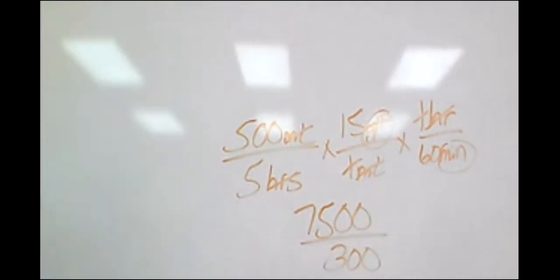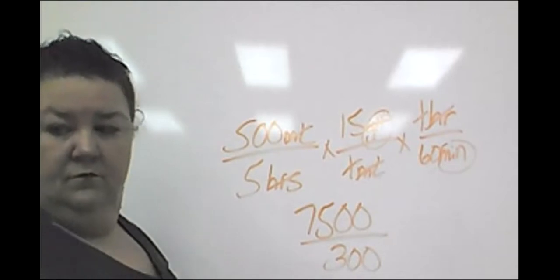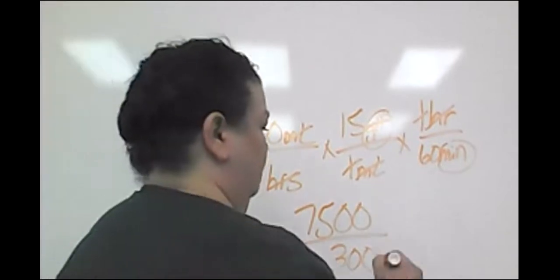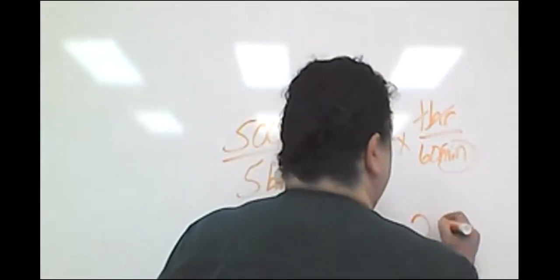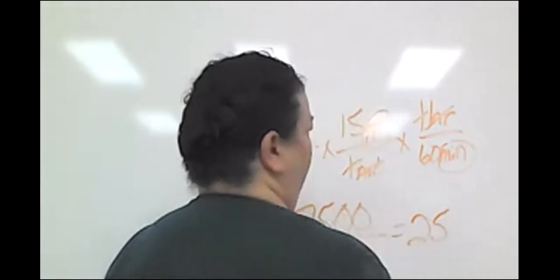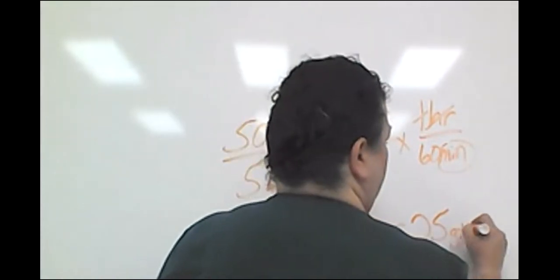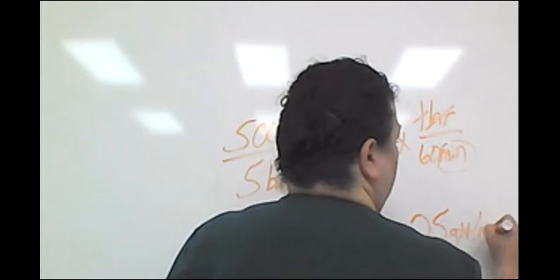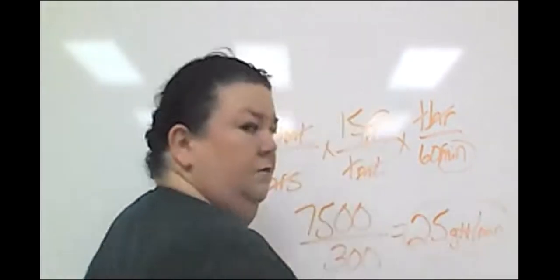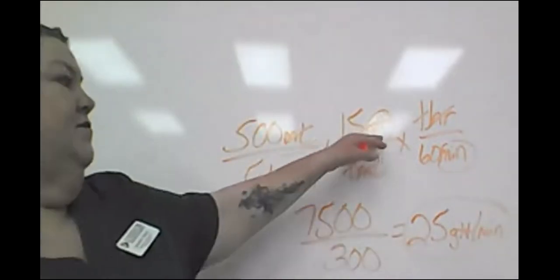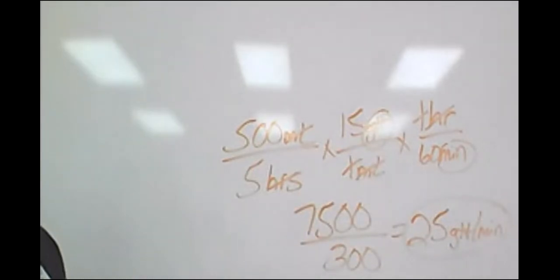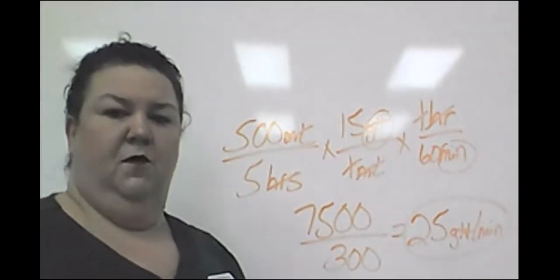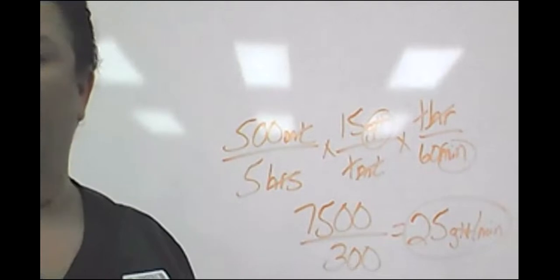But now we're down here and we had 7,500 divided by 300, which comes to 25. And again, that's drops per minute because those were the units of measure we were left with. Drops per minute, 25 drops per minute.